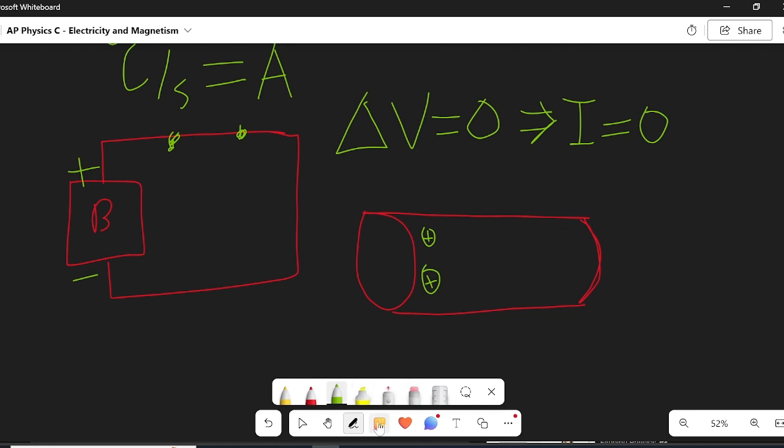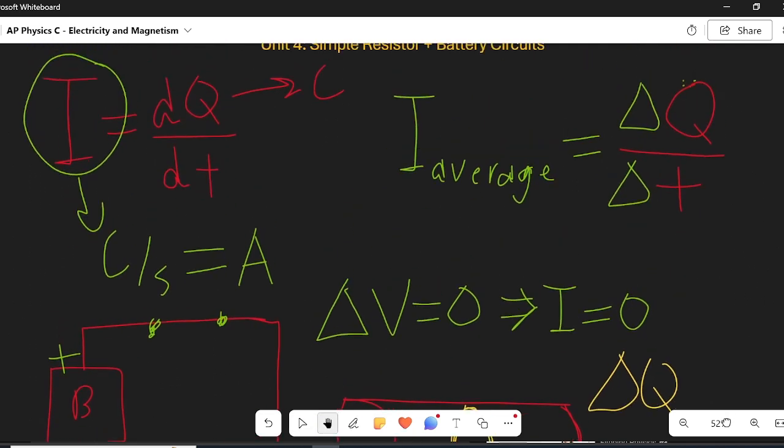If we take a cross section of this wire, current can be measured by the number of coulombs of charge that go through this small cross section. So essentially delta Q in this case will be defined as the total charge which passes by a point during delta T. Therefore, this proves our formula from earlier, where the average current is equal to delta Q over delta T.